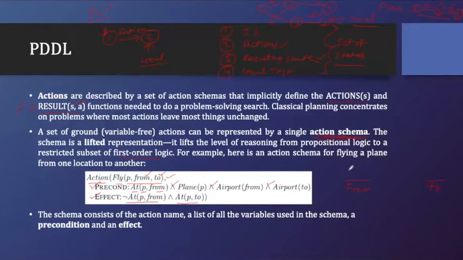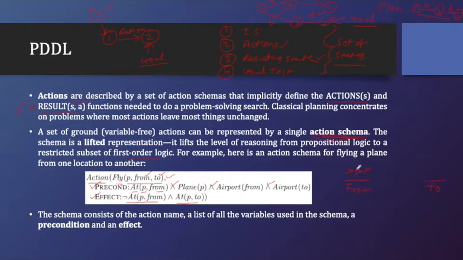Let's say this is your plane, and this is P. So P is in the from airport. So this condition is satisfied. We say that P is a plane, from is an airport, to is also an airport, and P is at the from airport. Now, when I perform this action, what will happen?